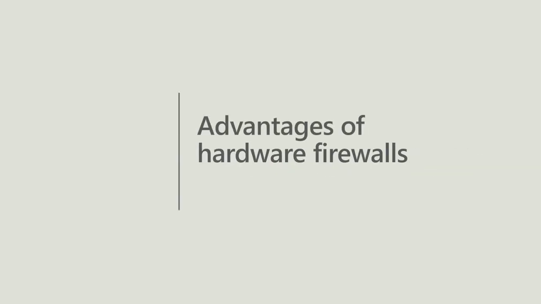Next, let's revisit the comparison between hardware and software firewalls. Hardware firewalls offer several advantages over their software counterparts, such as single-device network control, meaning that one device can be used to protect entry to the system. Since a physical firewall sits at the entrance to the network, it offers one central location to configure defensive settings.